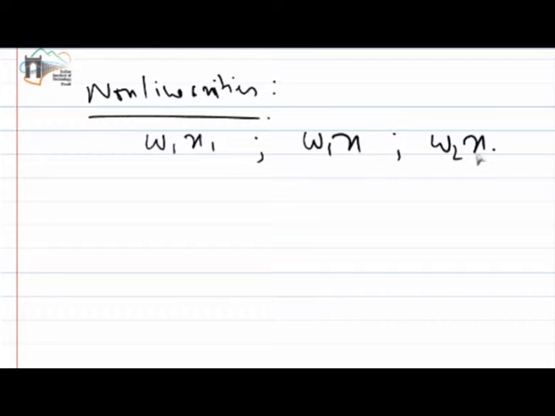So either you could linearize the system around a specific operating point, and one of the possible ways to linearize is doing the Taylor expansion.